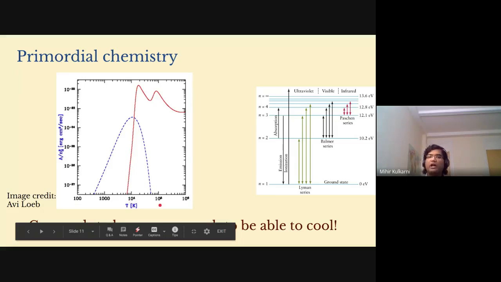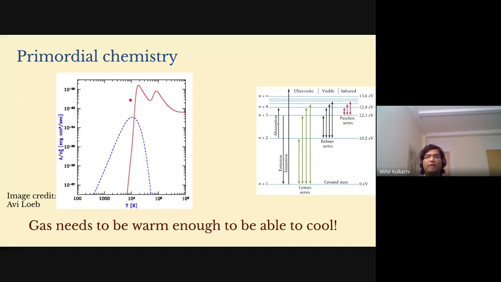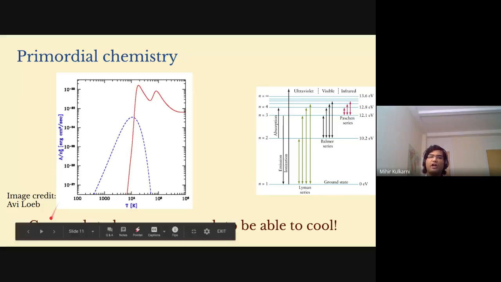So if we don't have any molecular hydrogen, you need at least 10 to the 4 Kelvin temperature for gas to cool. This peak in the cooling function corresponds primarily to Lyman alpha cooling of hydrogen, and the second peak corresponds to cooling because of helium. However, if we do have molecular hydrogen, as shown in these red dashed lines, the gas can cool to temperatures below even 1000 Kelvin, down to a few hundred Kelvin. And this is important for formation of stars.